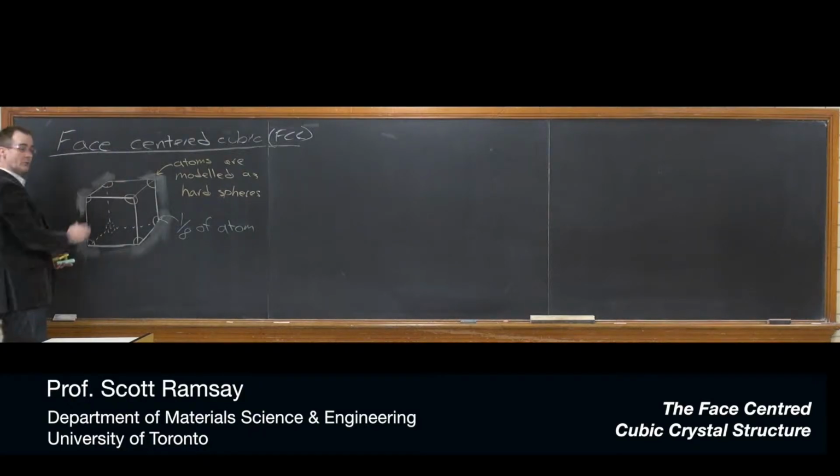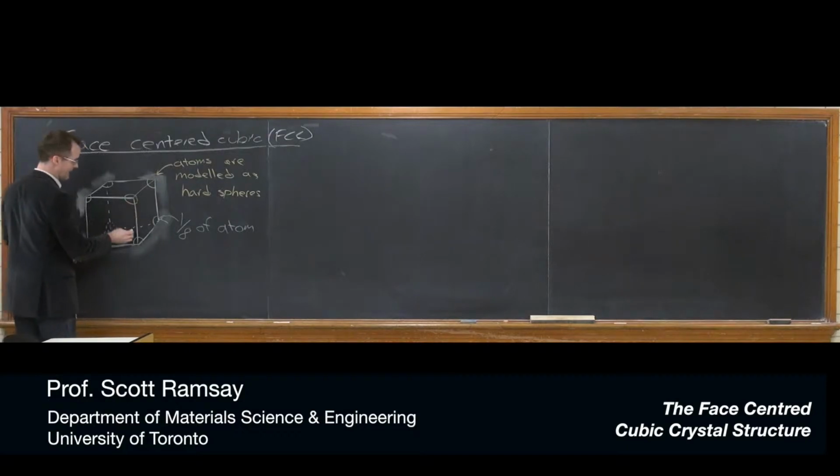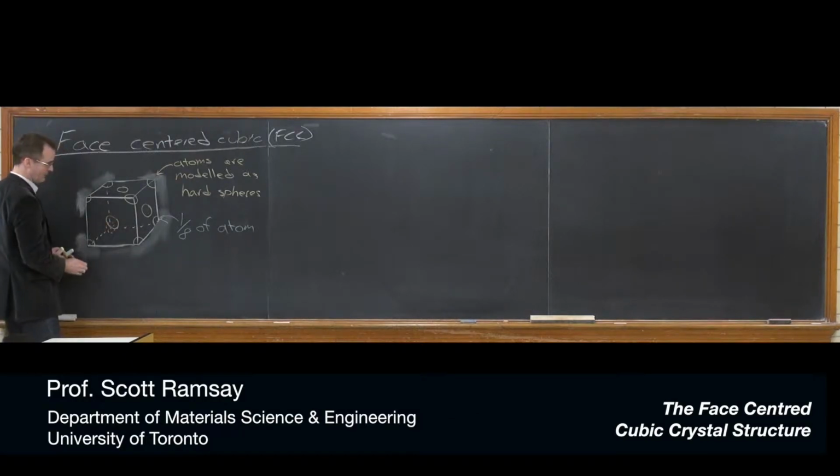So then the next thing we'll do is we'll position the face-centered atoms. And so as the name implies, there's an atom at the dead center of each of the 6 faces. So we're going to put one here on the right side face, one on the very center of the top face, one on the center of the front face, and I'm going to dot in or dash in the ones on the back.